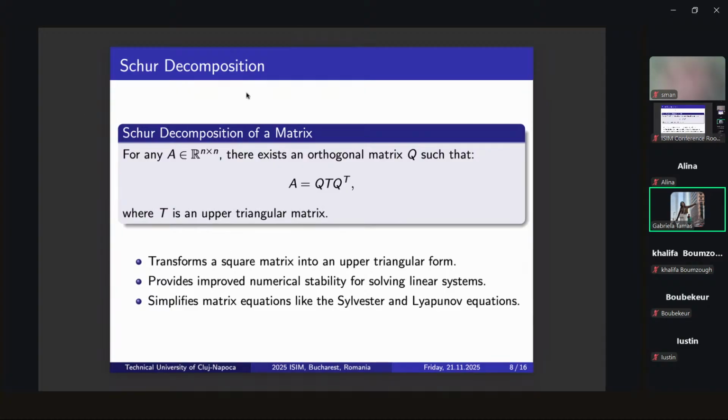In this method, the matrices A and B are transformed into upper triangular forms, so the system becomes easier to solve. Schur decomposition can be done using different methods, like Gram-Schmidt orthogonalization, Householder reflectors, or Givens rotations.